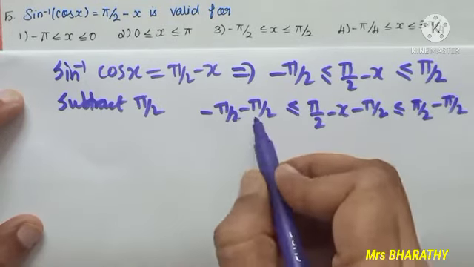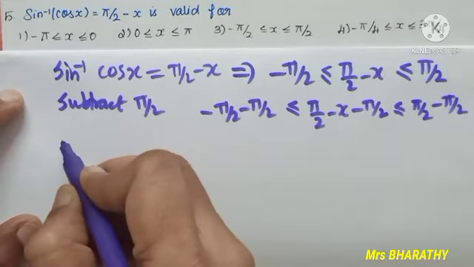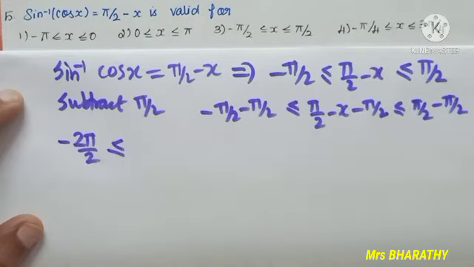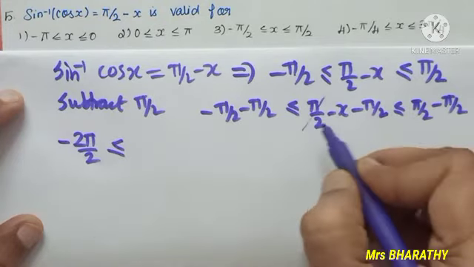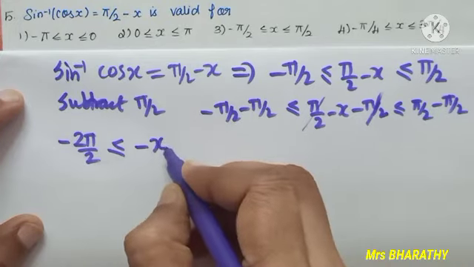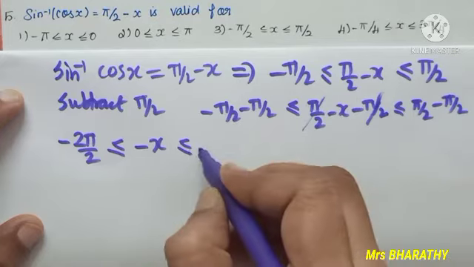This becomes minus pi by 2 minus pi by 2, that is minus 2 pi by 2, less than or equal to pi by 2 cancels. We are left with minus x less than or equal to pi by 2 minus pi by 2 is 0.